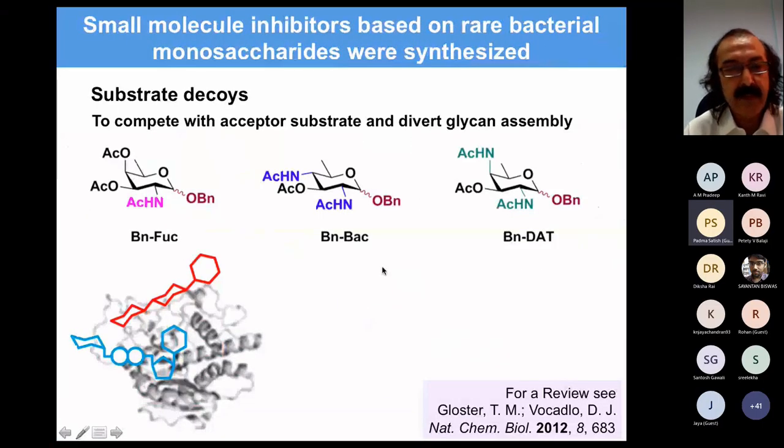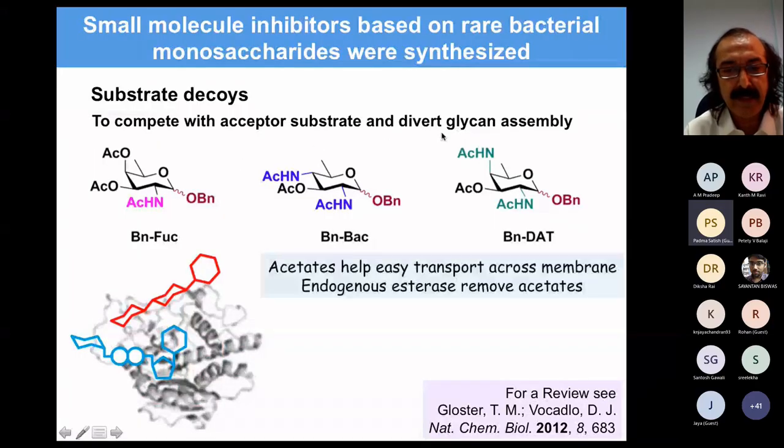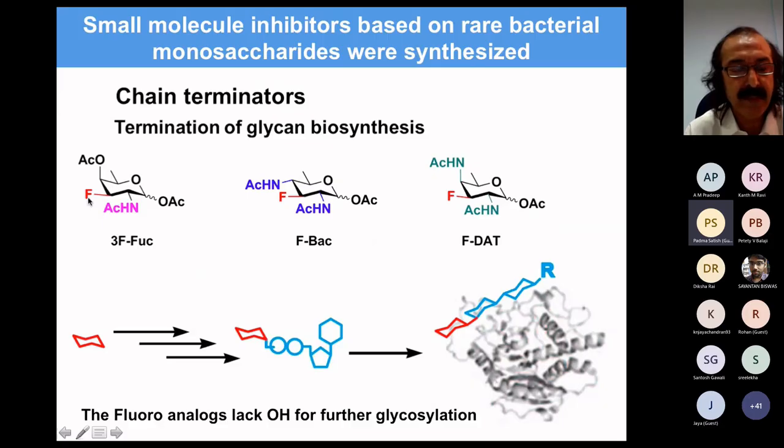With this idea, we developed two types of inhibitors. One is a benzyl glycoside, the sugar that bacteria has, and it's like a substrate decoy, to divert glycan assembly. The other type is the fluoroglycan, whereby bacteria will take this up as a donor, but will not be able to extend the glycan. So in both cases, we are messing up their glycan assembly, and that will result in truncation.